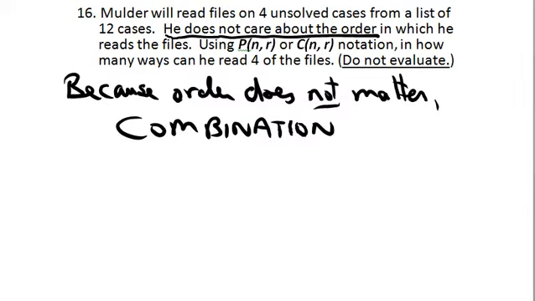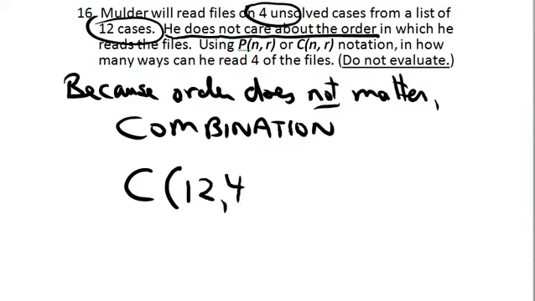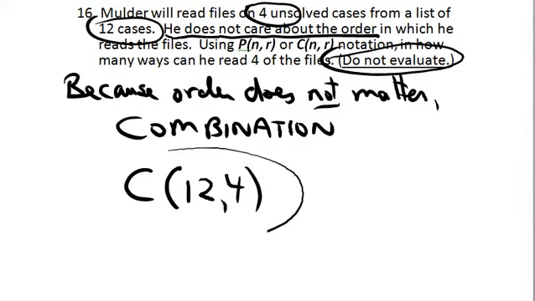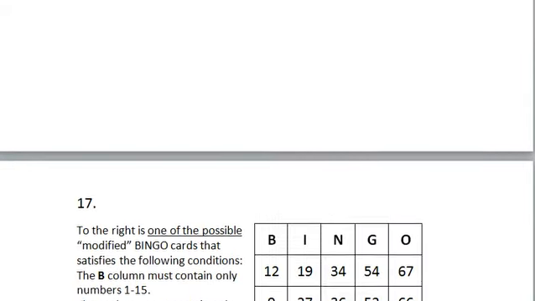So all they're asking you to do is say, okay, I'm taking 12 things, the 12 cases, and I'm choosing them 4 at a time. How many ways could I do that? And they did not ask you to evaluate it. In fact, they said do not evaluate. Be sure to read the directions carefully, because if they ask you not to evaluate something and you do, you'll miss the problem. So read carefully.